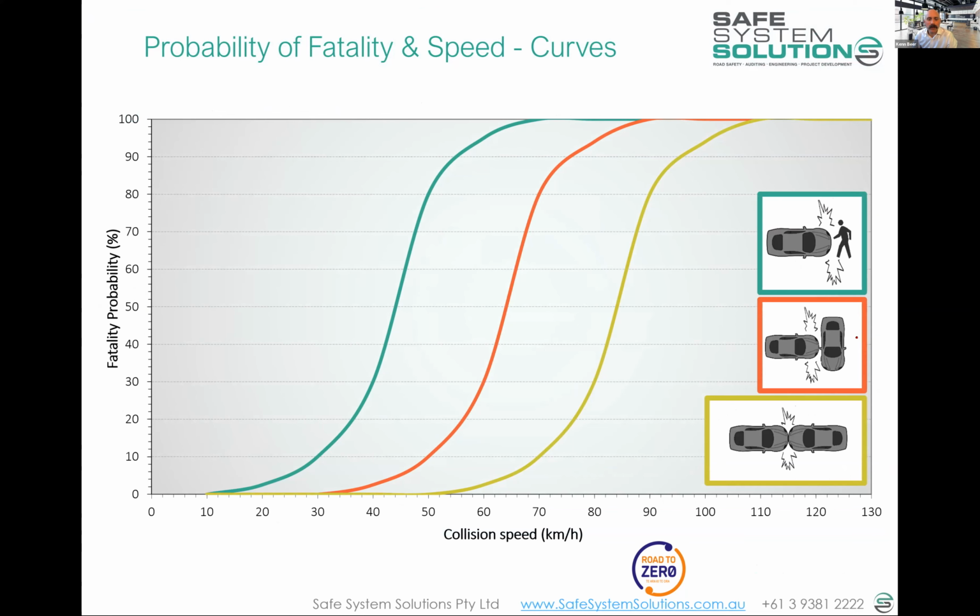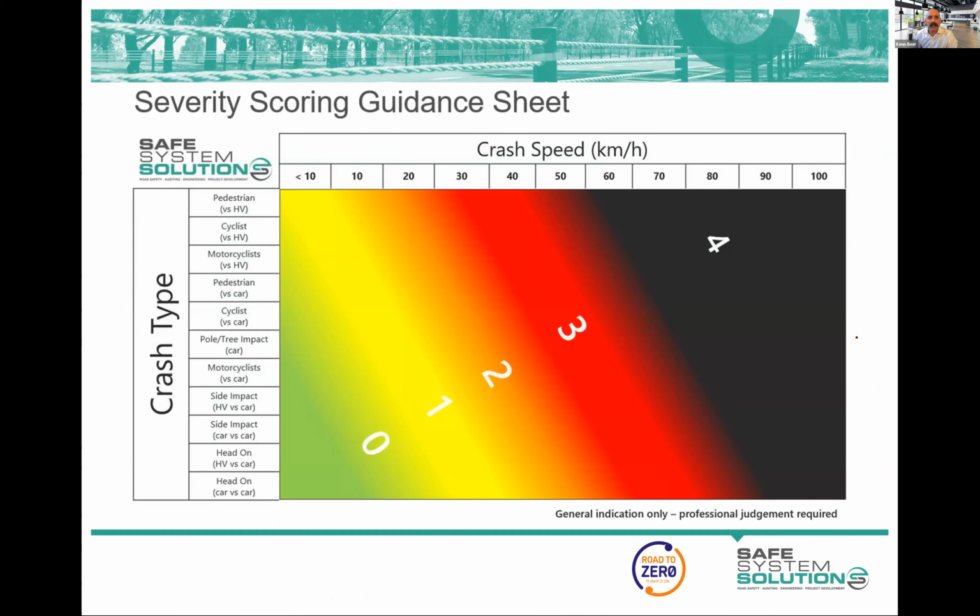The other thing we spent a good bit of time on was understanding the biomechanics of injury, and the speeds and the angles and the crash types and the forces that result, and the likelihood of death or serious injury. And these then coloured charts was something I showed, and it wouldn't have made a huge amount of sense to you with the colours and the numbers if you haven't had any involvement in safe system assessment.